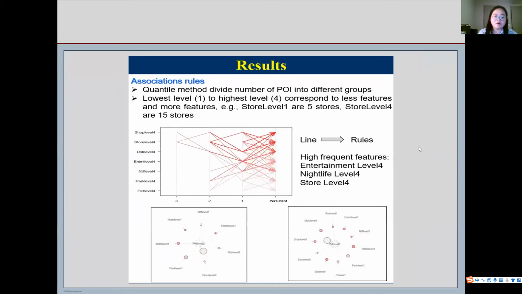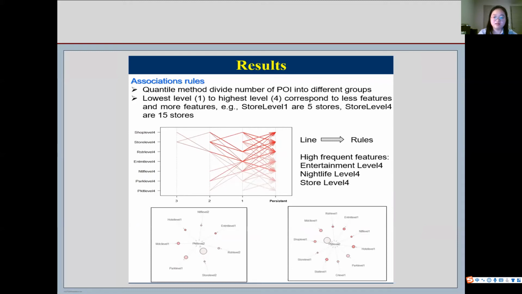Before we run the a priori algorithm, we use the contel method to divide the number of POI into different groups. So the lowest level, level 1, to highest level, level 2, correspond to fewer features and more features. For example, store level 1 means there are 5 stores around the accident location. Store level 2 means there are 15 stores around the accident location. The first figure is the rules based on the persistent recurring locations.